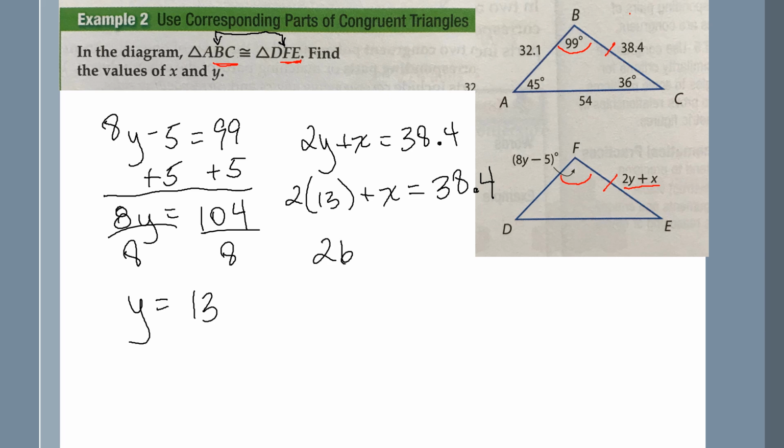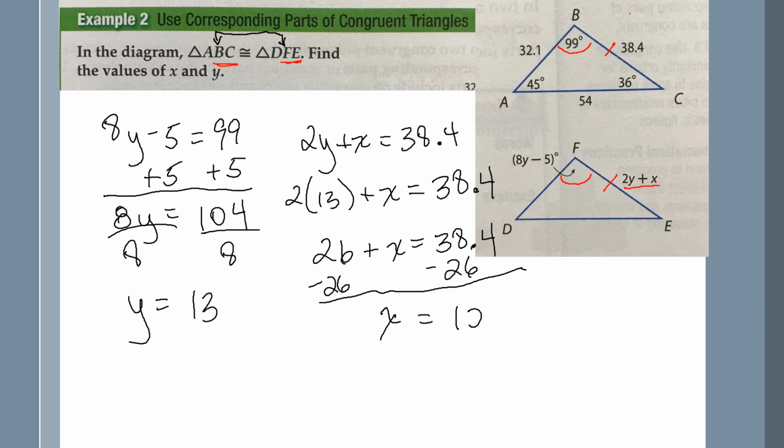I got 26 plus x equals 38.4. So we subtract 26 from each side, right? So I'll write that in here, minus 26. And I get x is equal to 12.4. All right, so there's our x and y values.